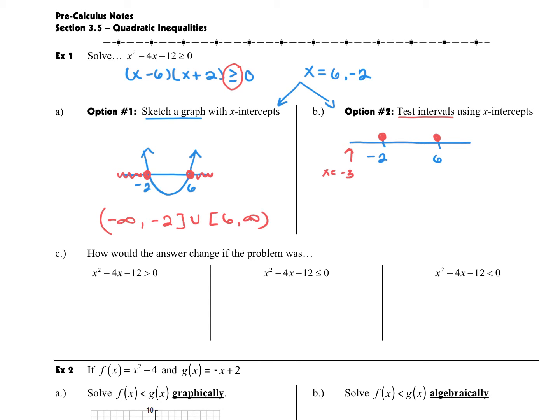If I choose that negative 3 and substitute it into either portion, it can be the factored form or the non-factored form, I'm trying to determine whether or not it's going to be greater than or equal to 0. Since I only need to know whether it's positive or negative, I don't need its actual value.